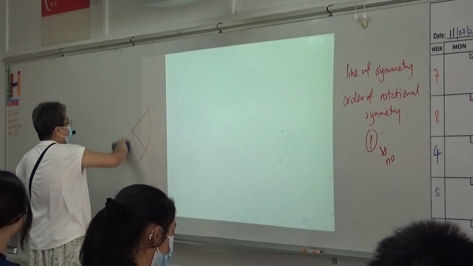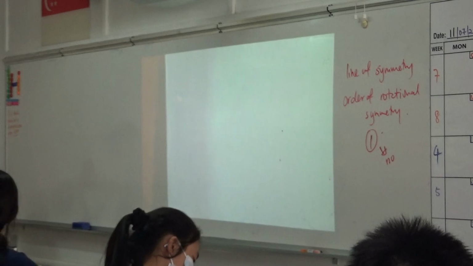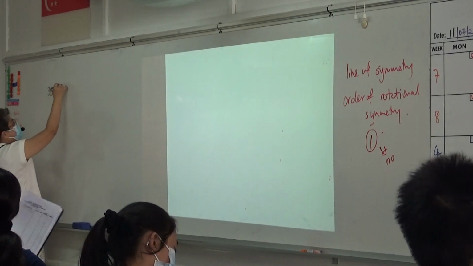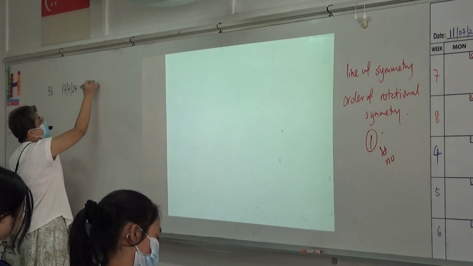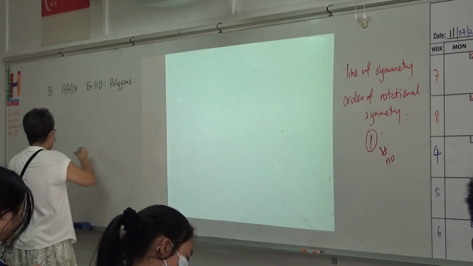Can all of you write down 33 then? Today's date, which is the 17th. Exercise 11D. Can you write down polygons?